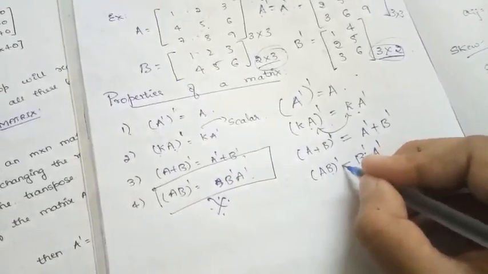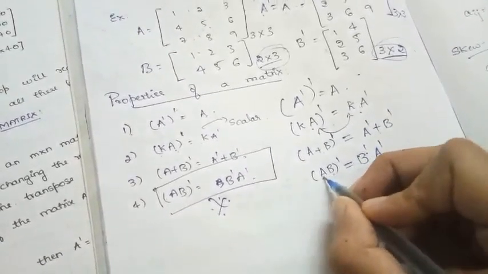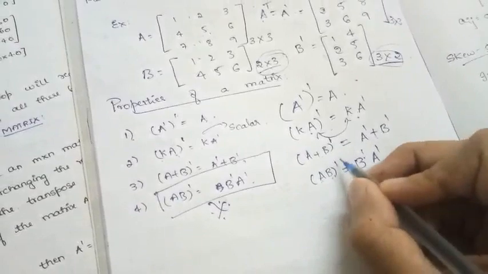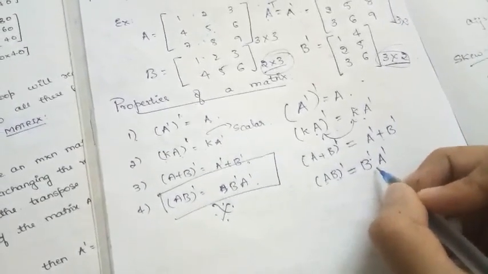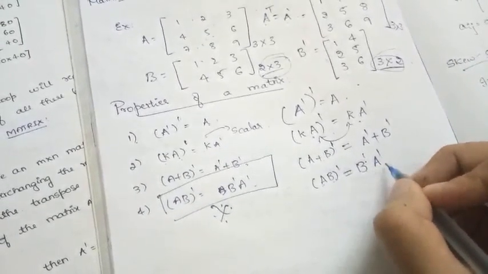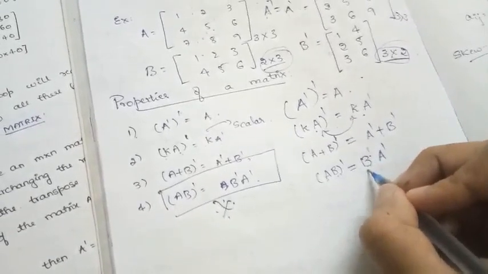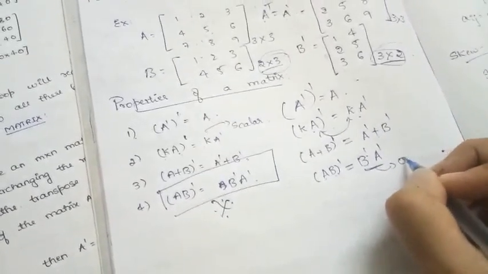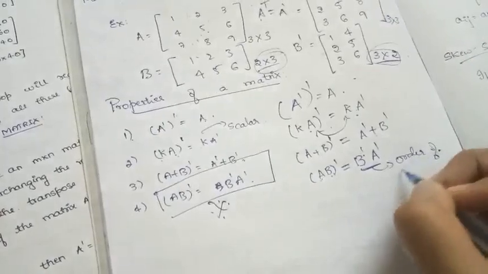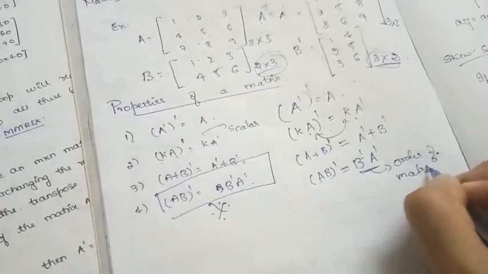On the right-hand side it becomes B transpose into A transpose, because in matrix multiplication the order of writing the matrices matters.